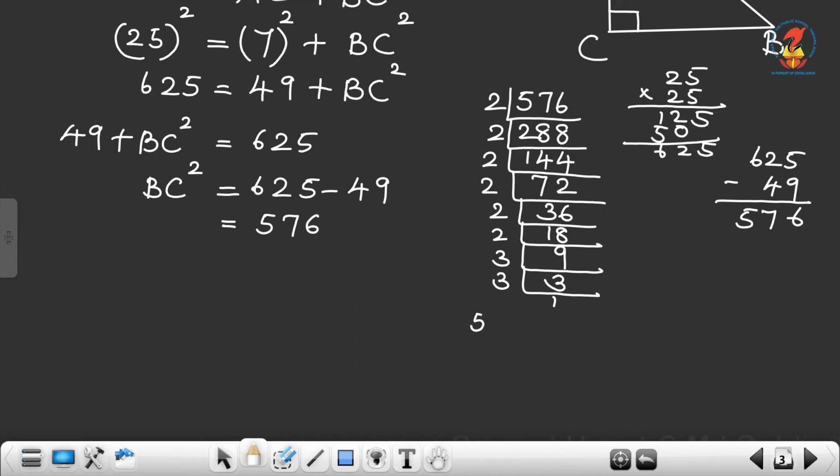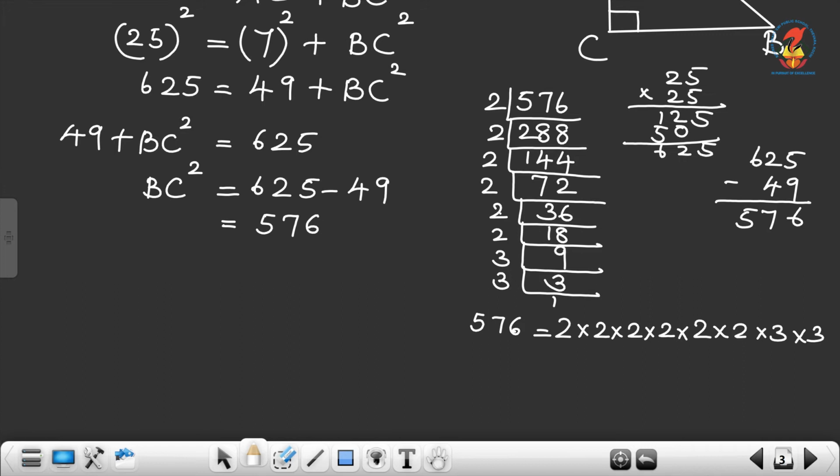Therefore, 576 is equal to 6 2s, 2 into 2 into 2 into 2 into 2 into 2, into then 3 into 3.